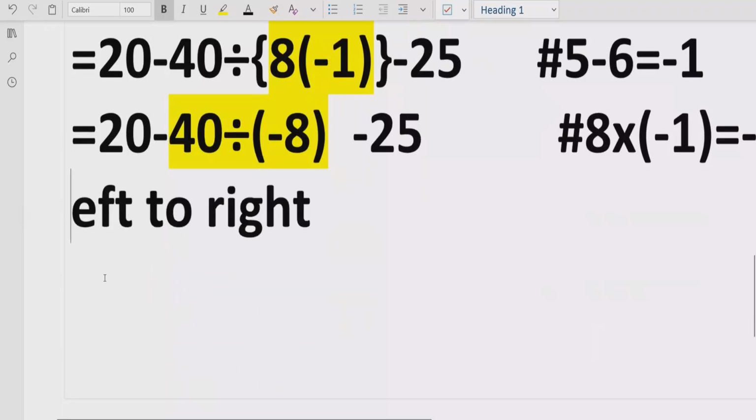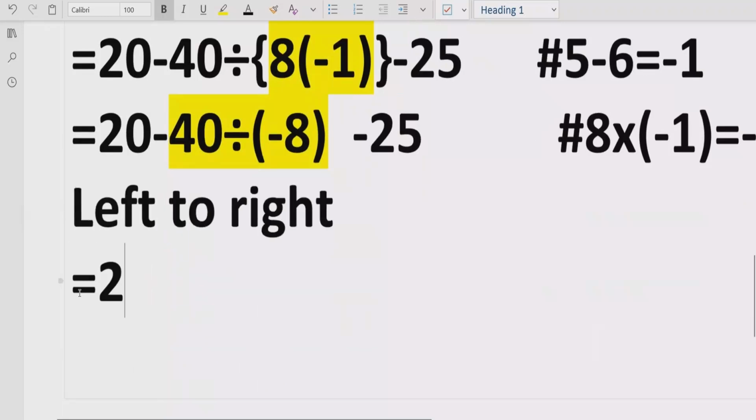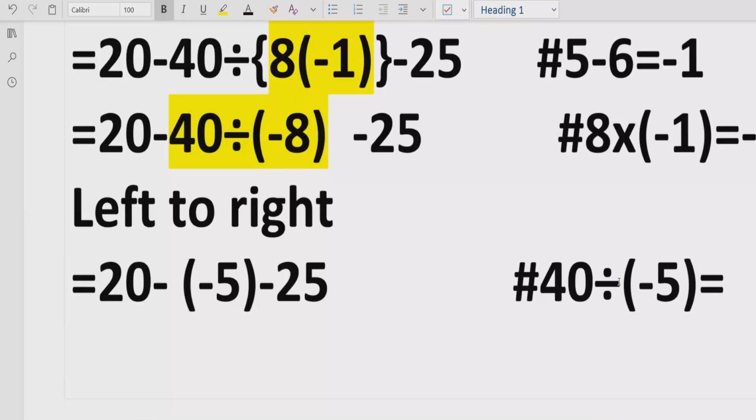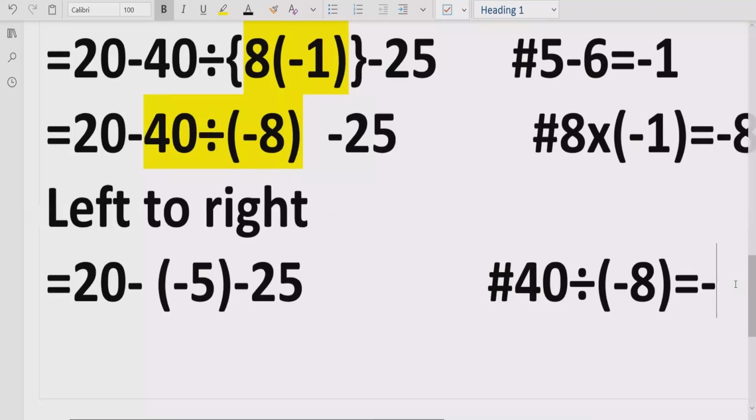So first we have 20 minus 40 divided by minus 8, it becomes 5, but not 5, because we have the minus sign with the 8, so it becomes minus 5, and then minus 25. And here we give the reference: 40 divided by minus 8 becomes minus 5.